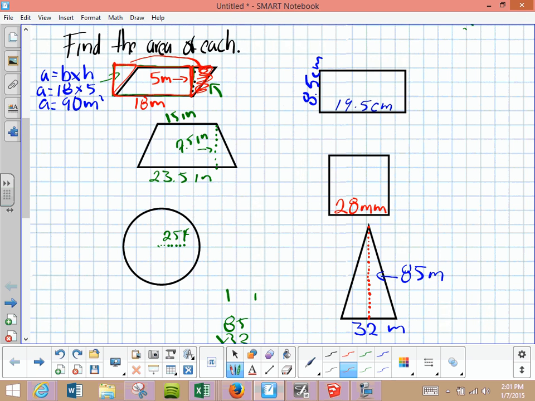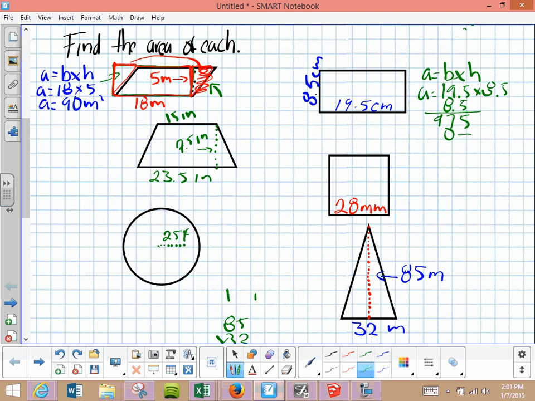All right, so for the next one, let's do the rectangle, which should be easy. Again, base and height, correct? And the base is 19.5 times 8.5. I can do that right here. 5 times 5 is 25, carry 2. 5 times 9 is 45, 47, carry 4. 39, and then that'll be 40, right?